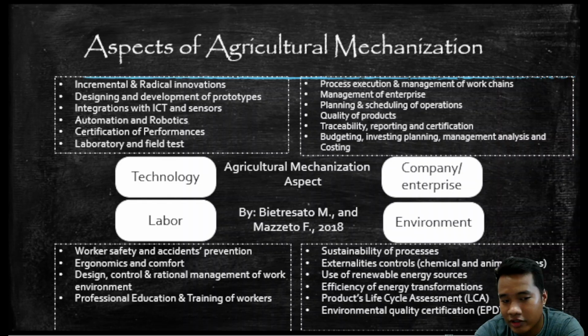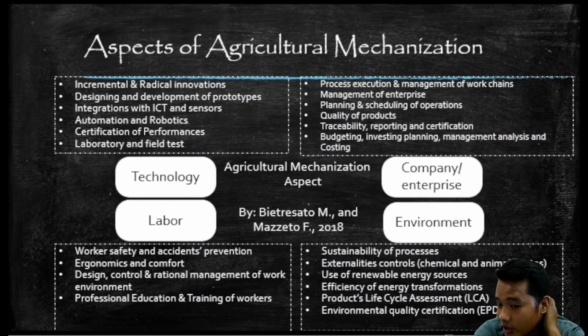Sustainability of processes should be considered, as well as externalities and controls, and the use of renewable energy sources, because we know that production of energy nowadays is so crucial in the sense that it always contributes to global warming that ends in climate change, and it is very alarming because it causes a lot of disasters, etc. So efficiency of energy transformations is also very important. This is related to the use of renewable energy.